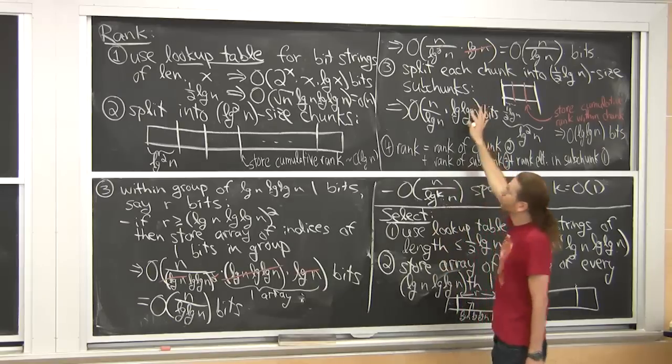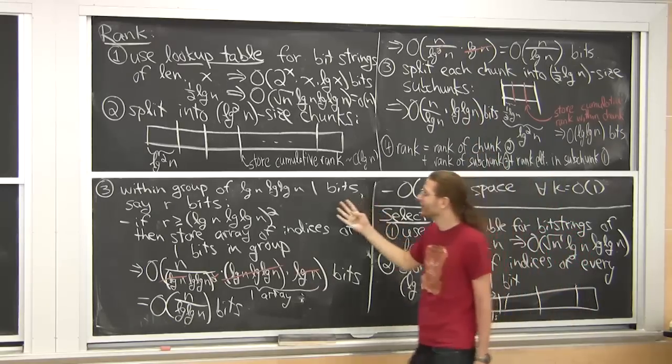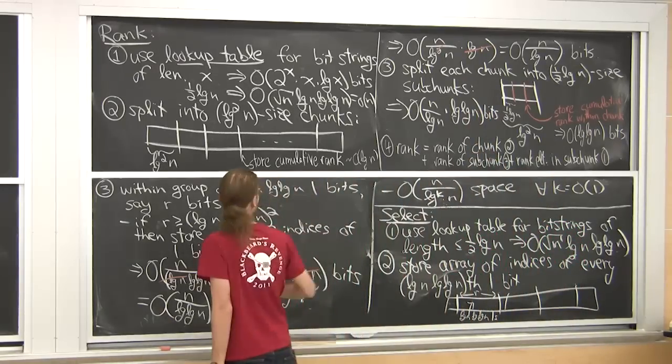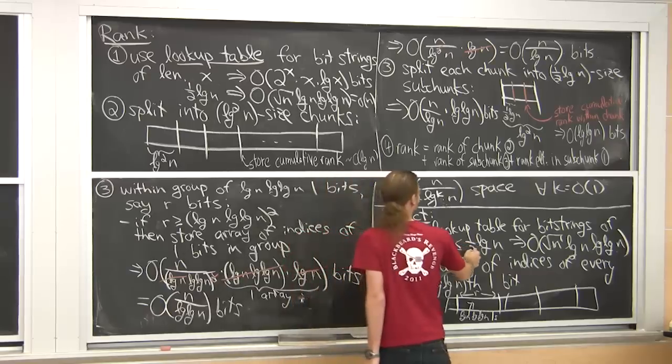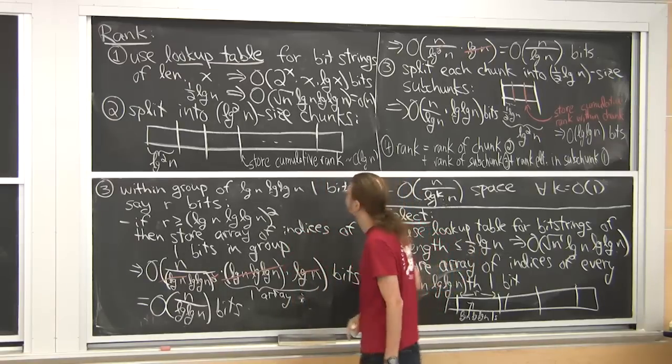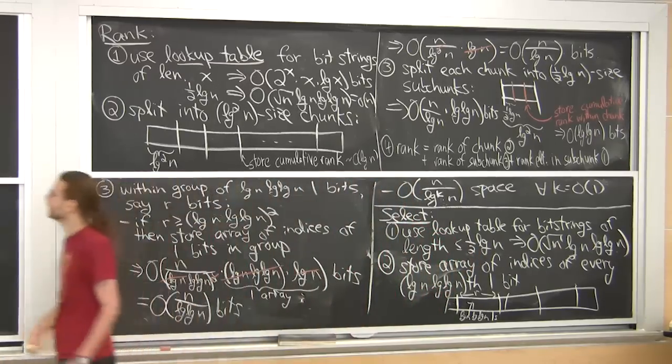And so we have to do it again because we have polylog size groups, but we need to get down to groups of size half log. So we need to do another layer of indirection.